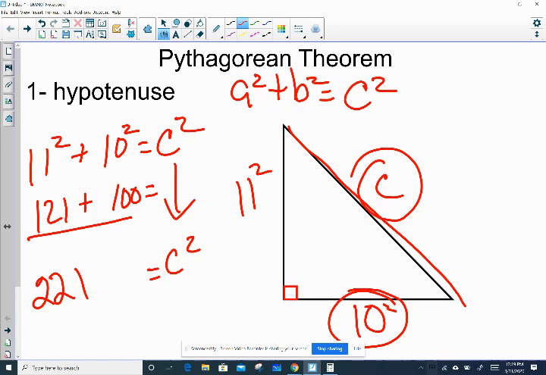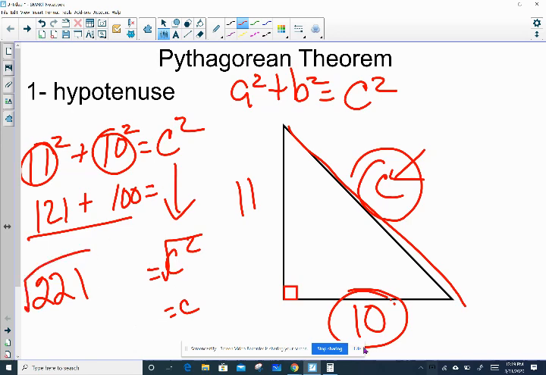221 equals C squared. So going back to the lengths of the sides, that didn't have the 2. That was the A. That was the B. I need to find the C. So I take the square root of both sides. That leaves C. And then I take the square root of 221.